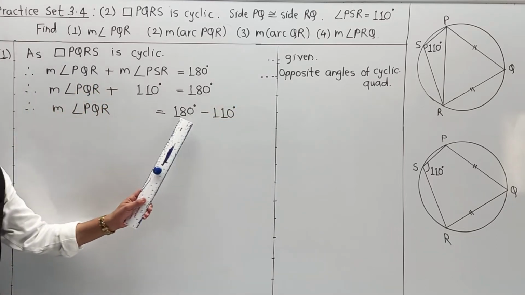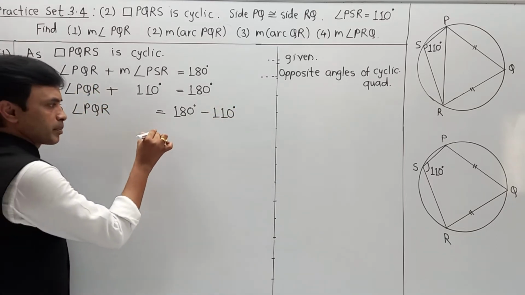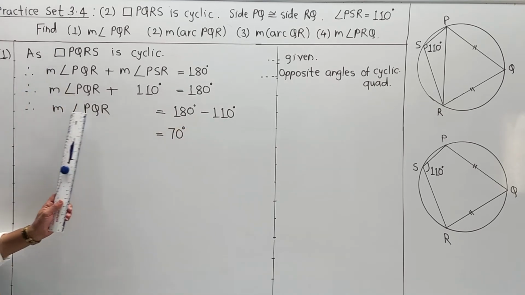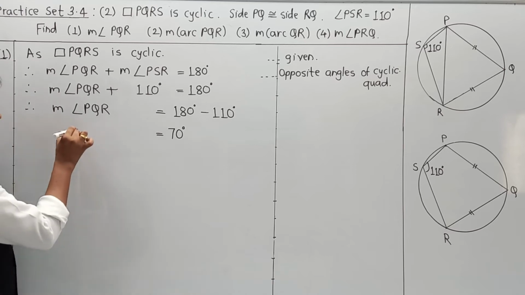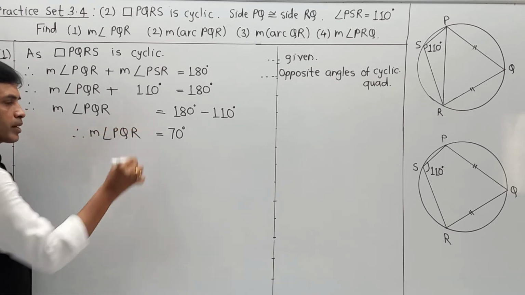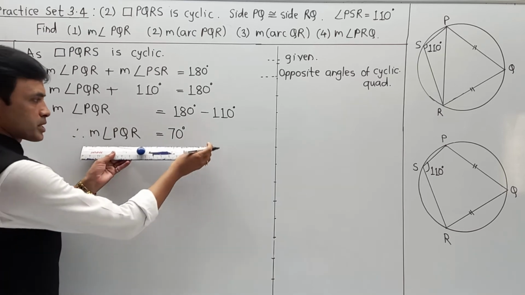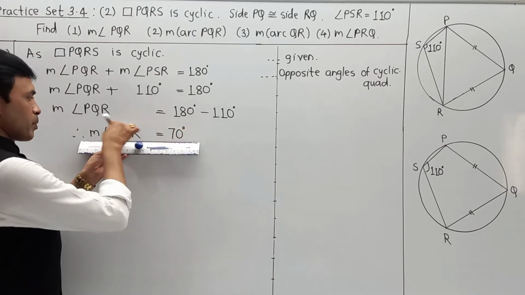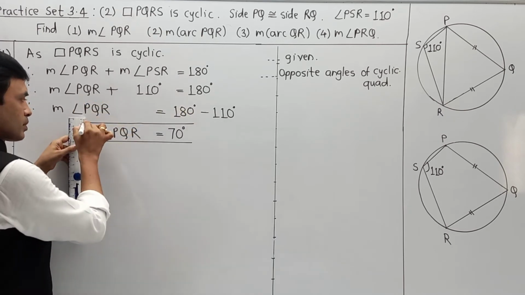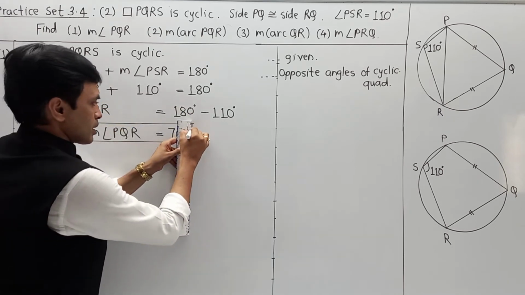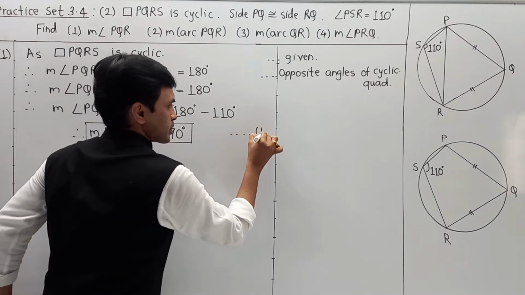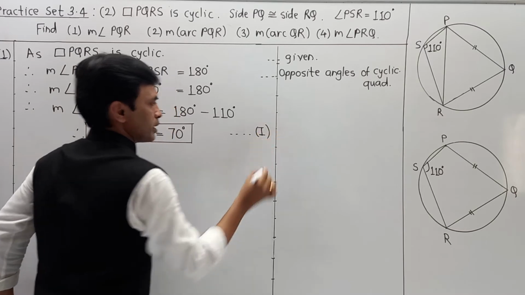We very well know 180 minus 110 becomes 70 degrees, and that is the value of major angle PQR. As this is your first answer, I am going to make a proper box over here, and giving it as equation number 1 in terms of answer.